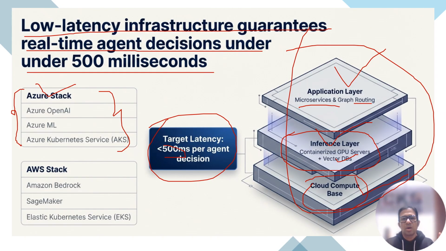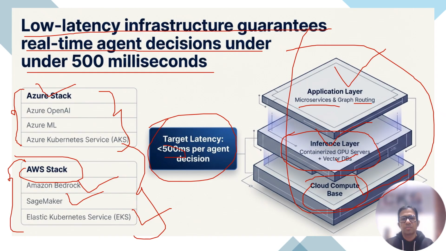On AWS we can run Amazon Bedrock, SageMaker, EKS. So this is the AWS side, or maybe other cloud services. If the company is AWS first, this fits naturally too. So ProcureMind OS is cloud flexible. The architecture is the same, only the managed services change.